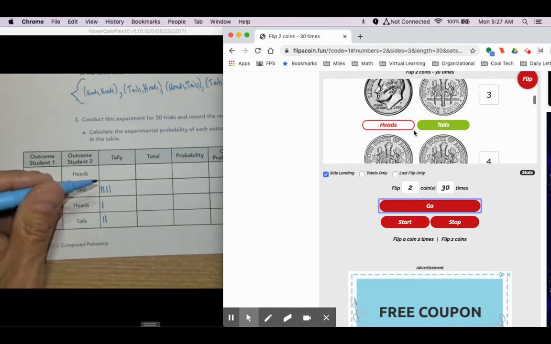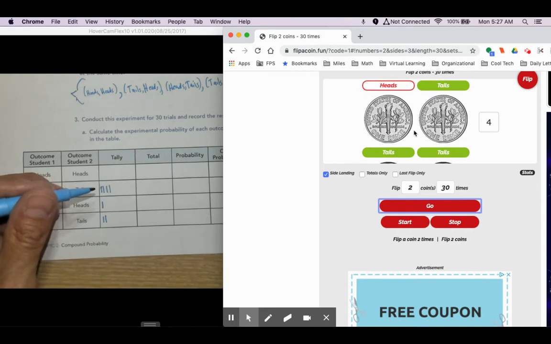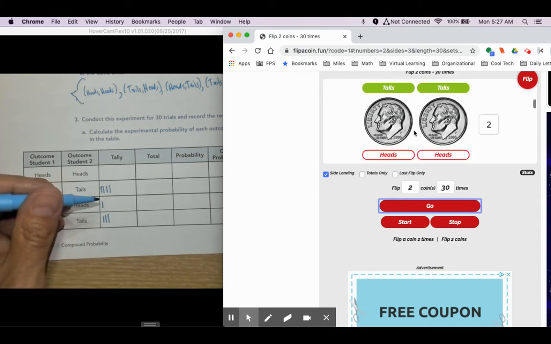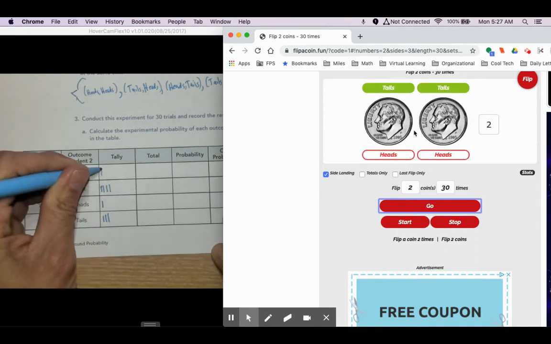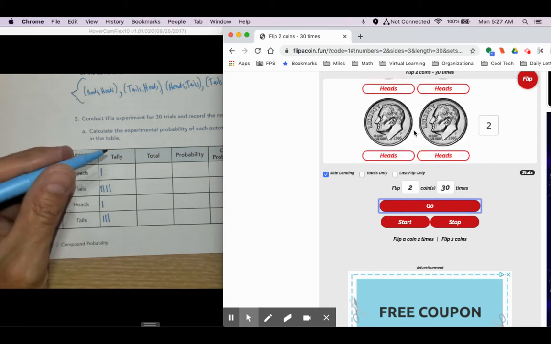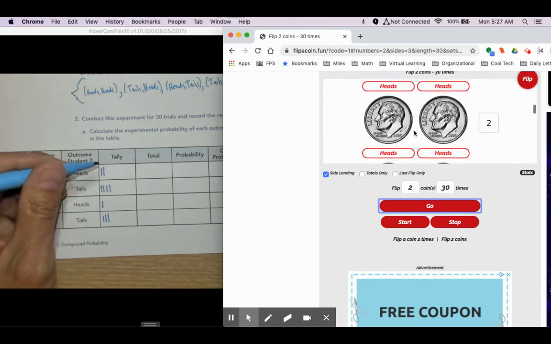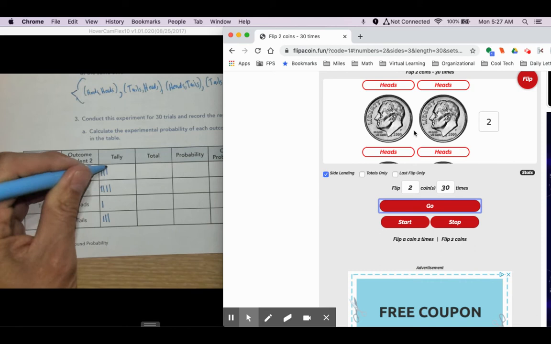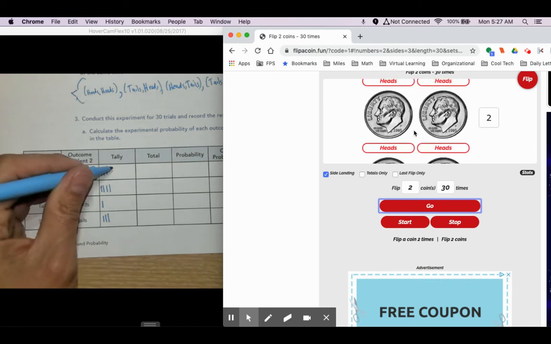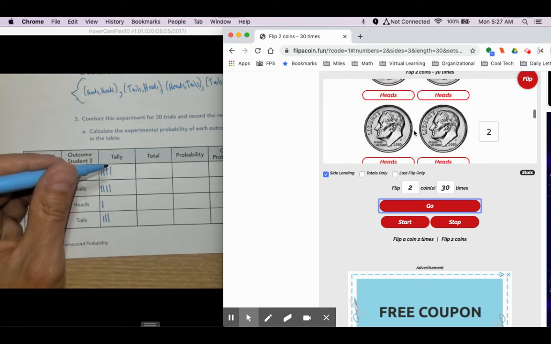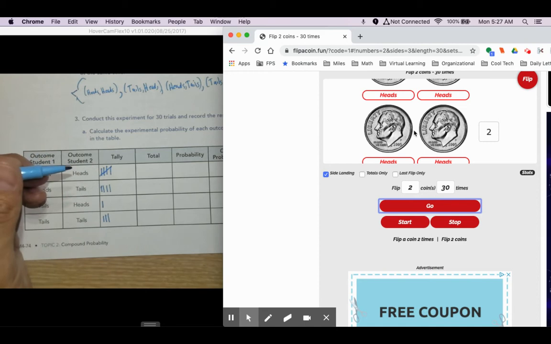Heads and tails. Tails and tails. Heads and heads. Heads and heads. Heads and heads. Heads and heads. Heads and heads.